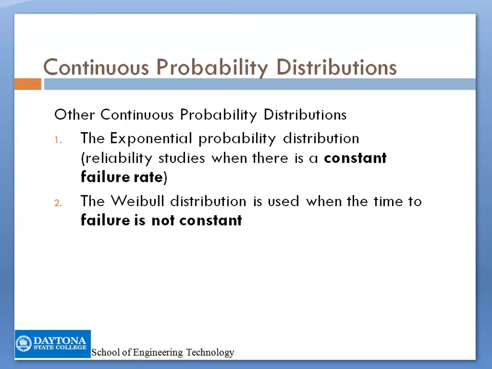Other continuous probability distributions are the exponential, which is used in reliability studies when we have a constant failure rate, and the Weibull distribution, which is used when the time to failure is not constant, and they are both used in the reliability field.